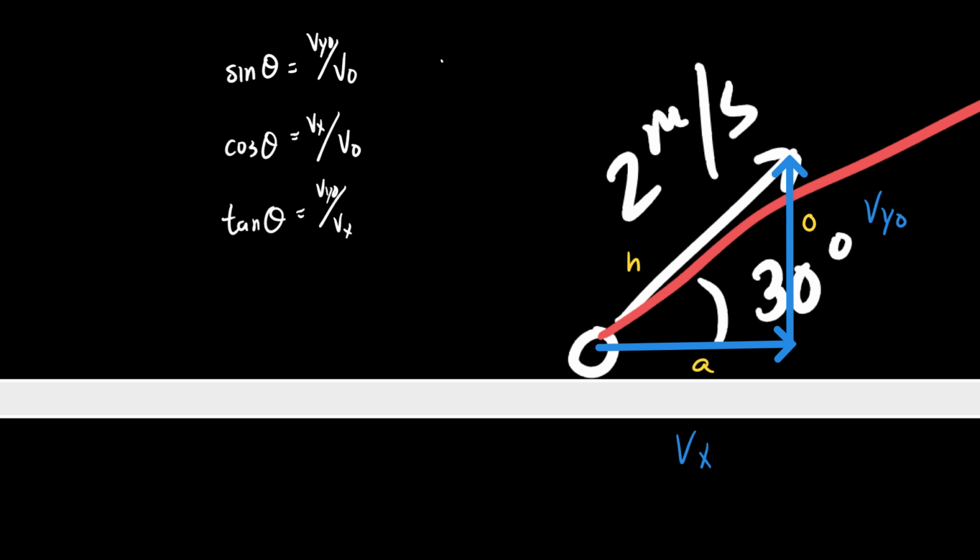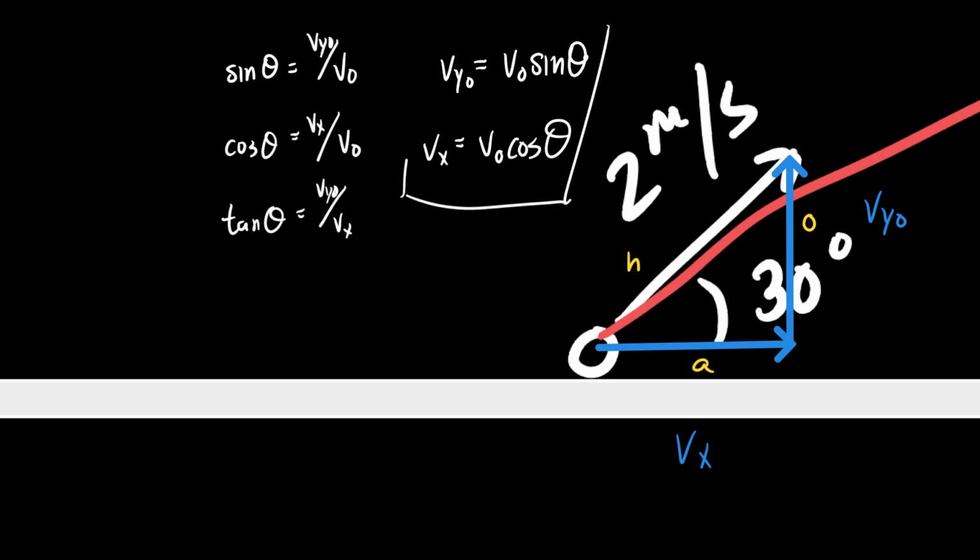And I'll point out that Vy naught is always going to be the launch velocity times the sine of the angle, and that Vx is always going to be the launch velocity times the cosine of the angle. And I'm going to propose to you that if your trig is poor, you could memorize that.